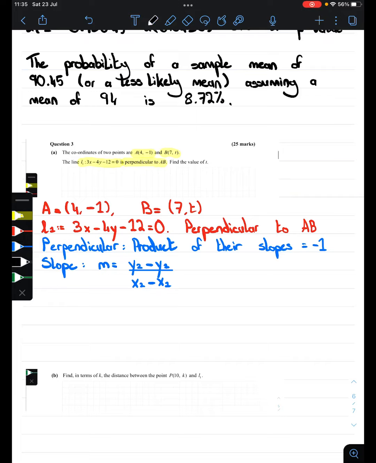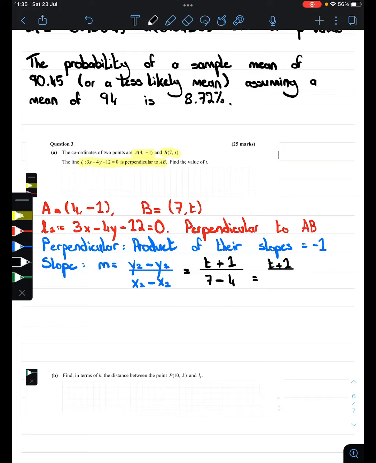In this case, it would be the y-coordinate of B, which is t, minus the y-coordinate of A, which is minus 1, so plus 1. Minus minus equals a plus. And then the x-coordinate of B, 7, minus the x-coordinate of A, which is 4. So t plus 1 over 3.